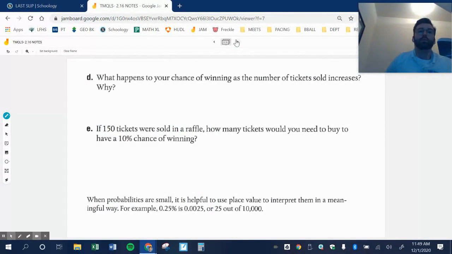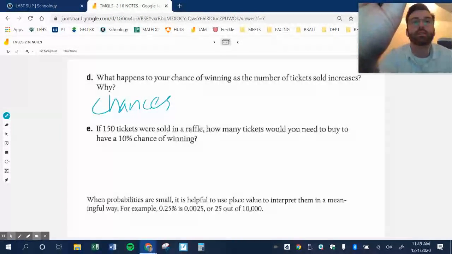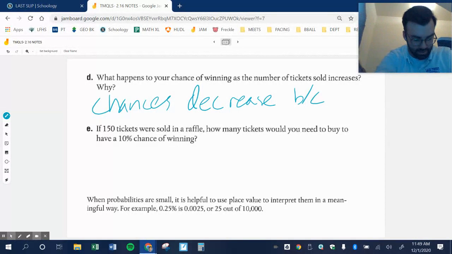Let's keep going. What happens to your chances of winning as the number of tickets increases? Well, my chances of winning, I already talked about that. Our chances decrease. And why is that? Well, there's just more. B/C means because. Yeah.